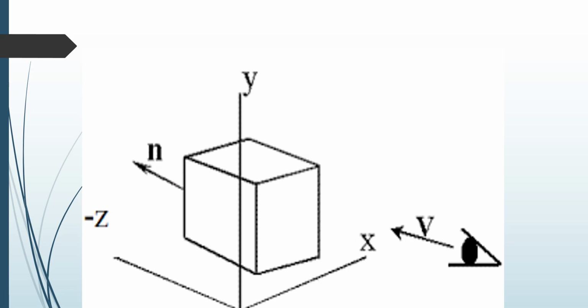All the six faces will have different normals, but the small n which we are going to talk about is particularly only the back face's normal.